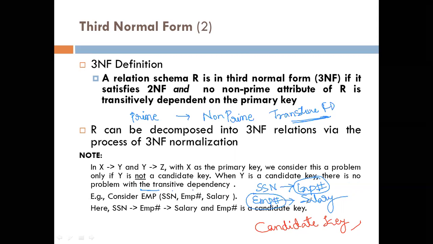So if it is a candidate key, then we cannot consider it as transitive under 3NF. So we'll not need to decompose the table. So only when a non-prime attribute is dependent on a prime attribute transitively via a non-prime attribute, then only the decomposition is done.